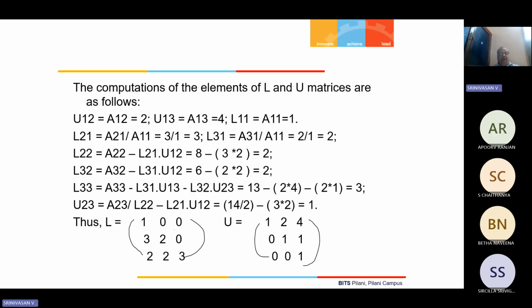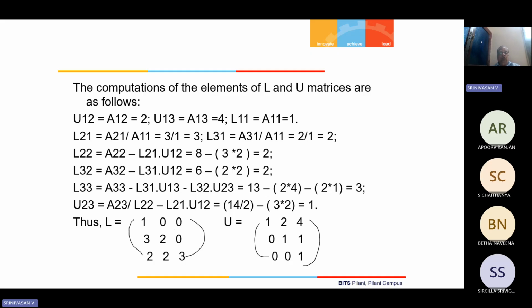Coming to the lower triangular matrix, you fill in everything as per its definition. L11 is 1. L12, which is above the principal diagonal, is 0, and L13 will also be 0.